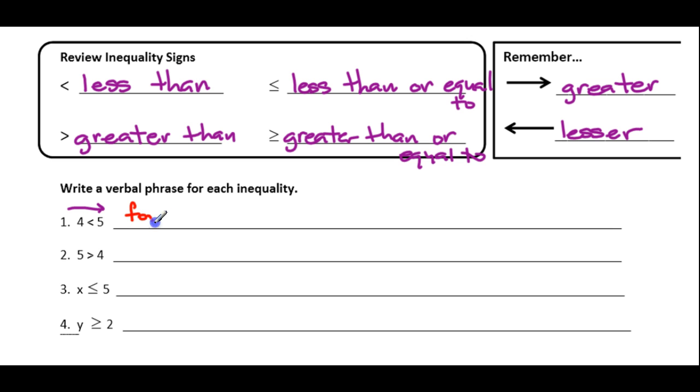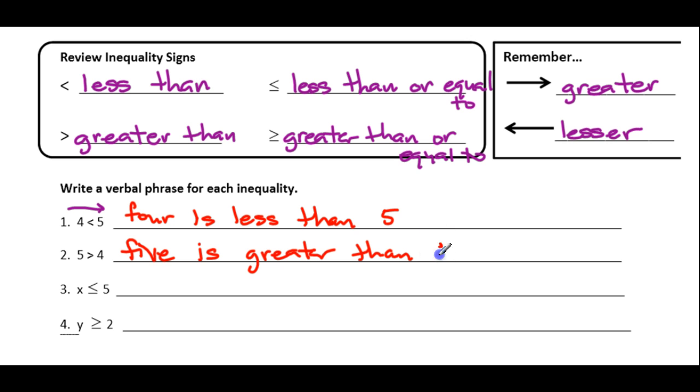If we translate it back to English from math, we say 4 is less than 5. That's the proper way to read it. And that makes sense because 4 is less than 5. If we said 4 is greater than 5, that wouldn't make sense. Now look, it's flipped. Now the 5 is first. So now we're going to say 5 is greater than 4.